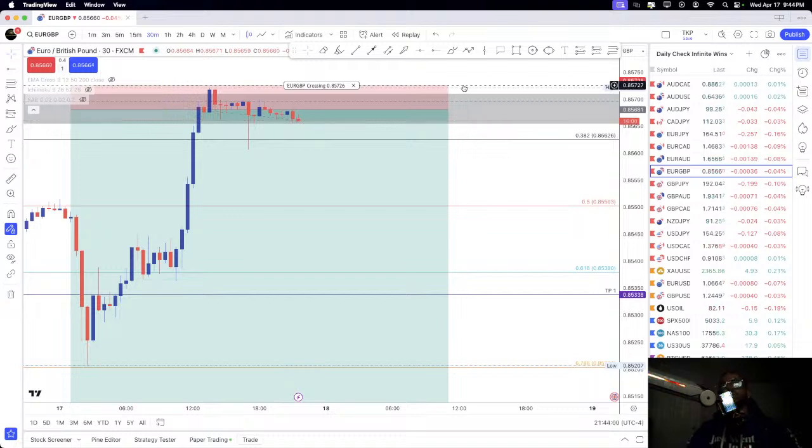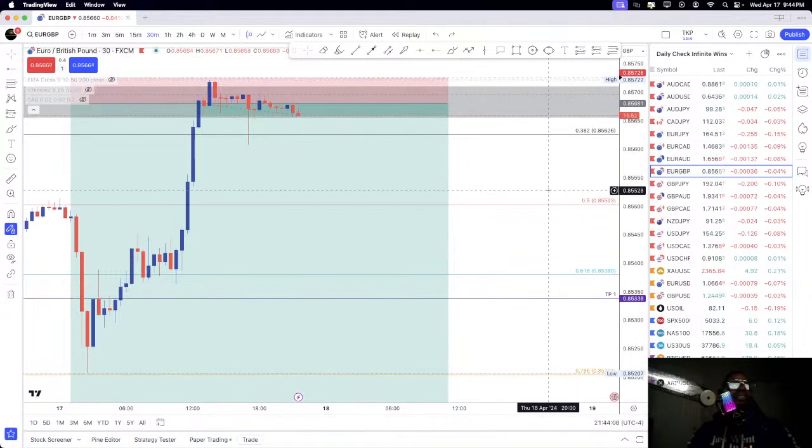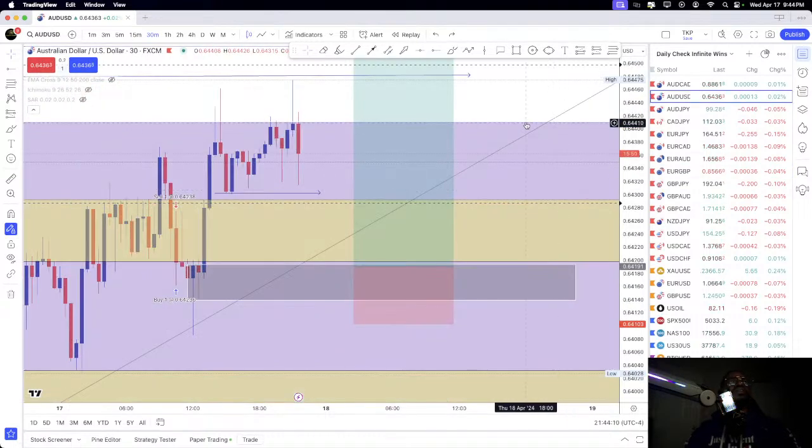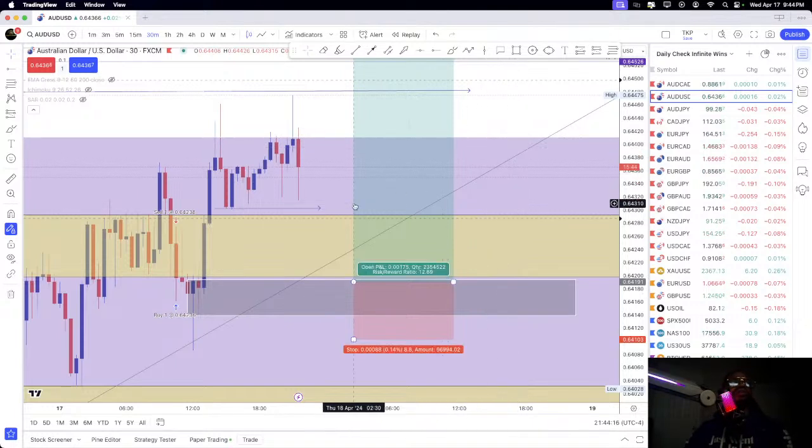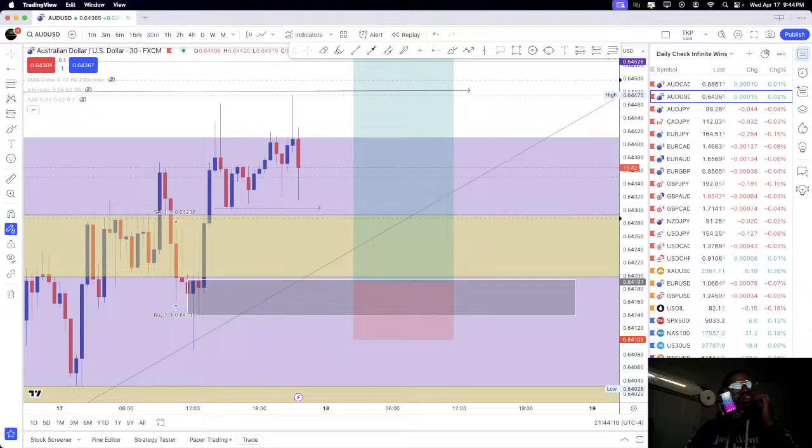So if you want to go ahead and take that, just put that stop loss up there. We'll come back and I'll give you the coordinates. So Euro Pound selling that. Let's go.